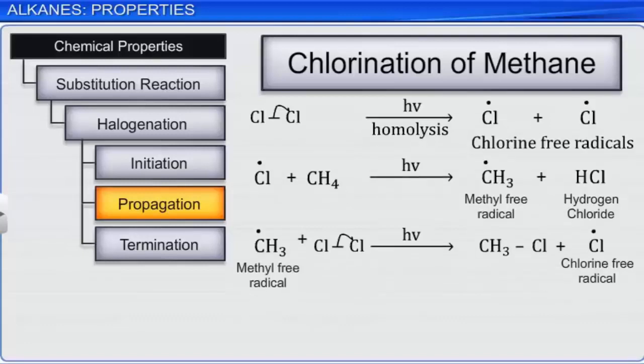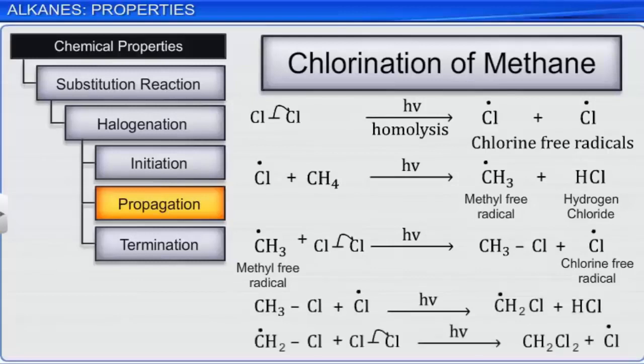The chlorine free radical formed sets up many other propagation steps to form more halogenated products. These steps are repeated till all the hydrogen atoms in the methane molecule are replaced by chlorine atoms.